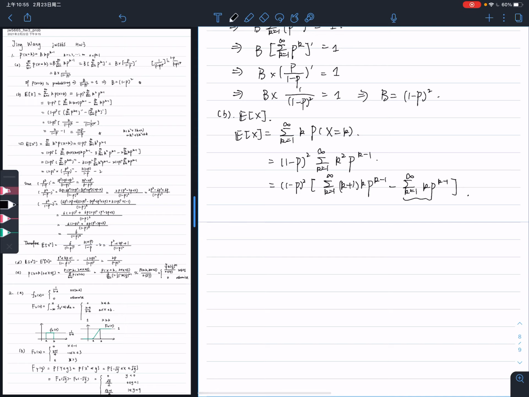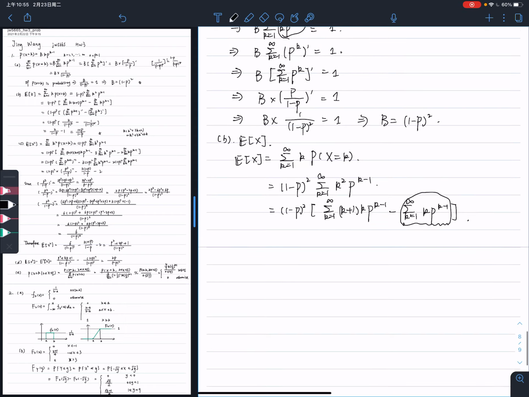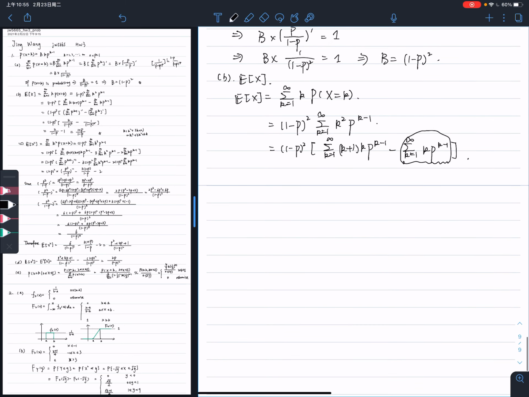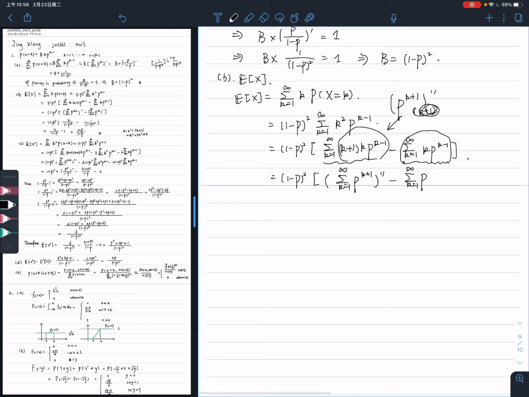We already know the value of the second part from the answer of part A. The first part is the second order differentiation of p^(k+1).